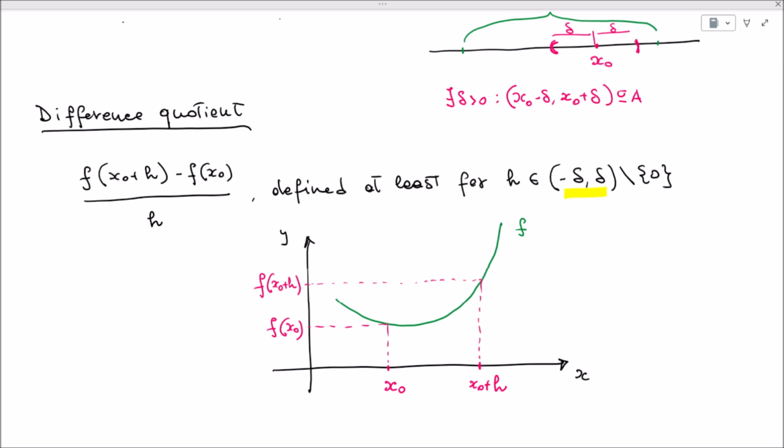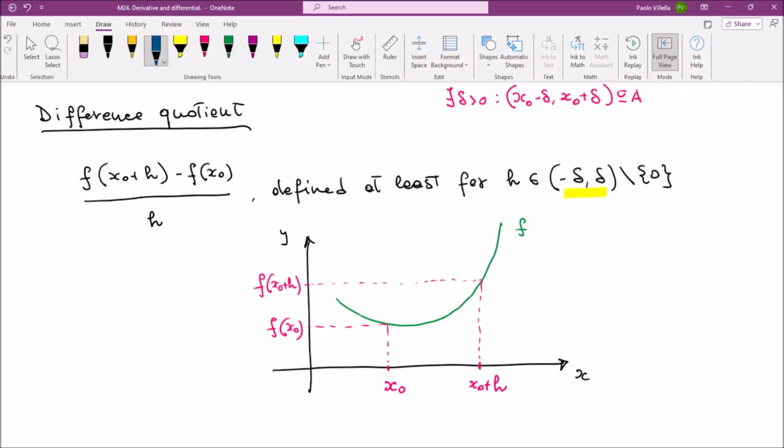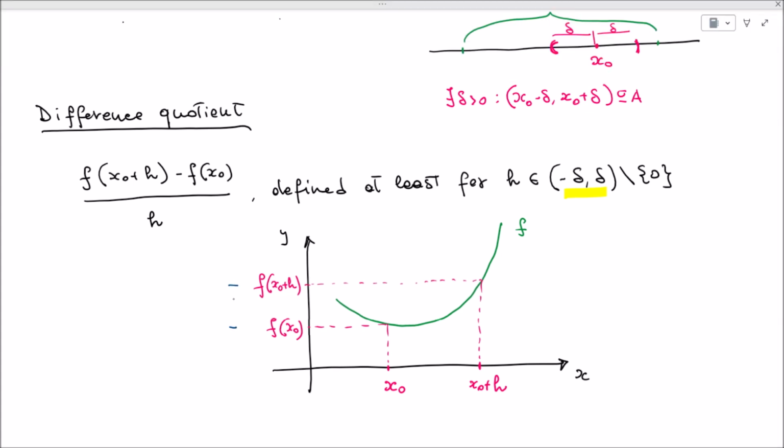Now the difference quotient is the ratio between this distance, so this is what we have at the numerator, f of x naught plus h minus f of x naught, and instead, this is what we have at the denominator. In fact, the difference is exactly h.